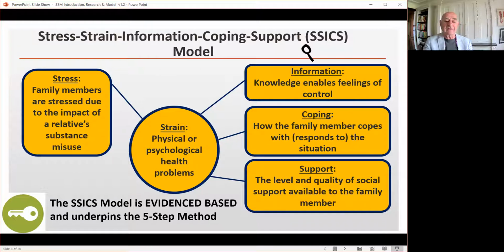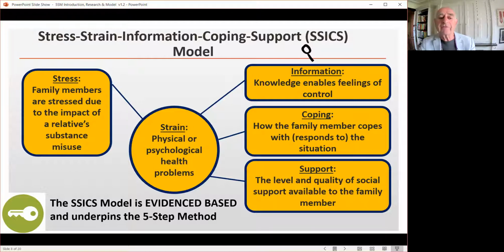And that basically says family members are stressed due to the impact of a relative's substance misuse or gambling. That leads to strain, and that strain shows itself in terms of physical or psychological symptoms or health problems.